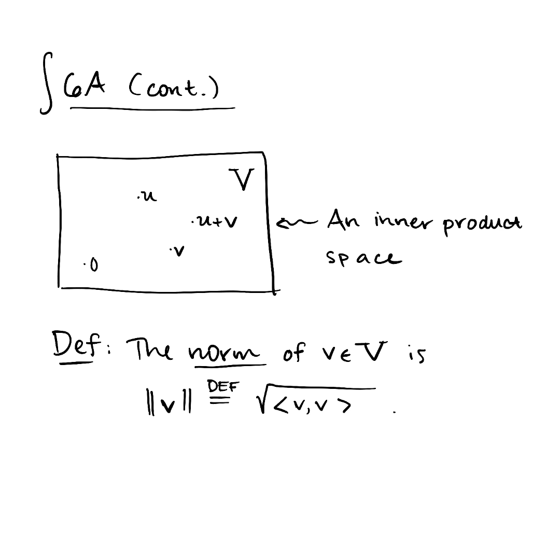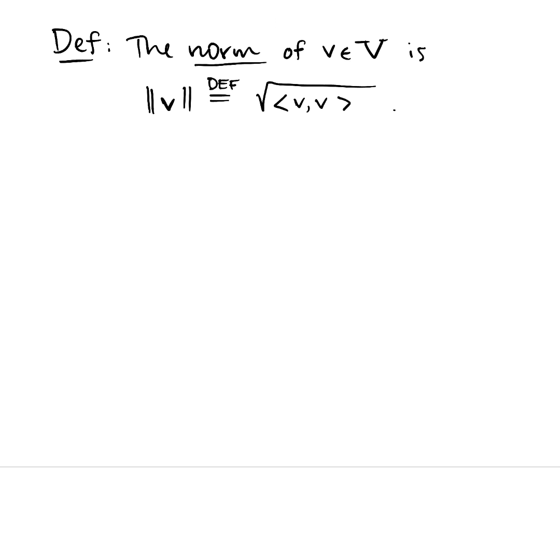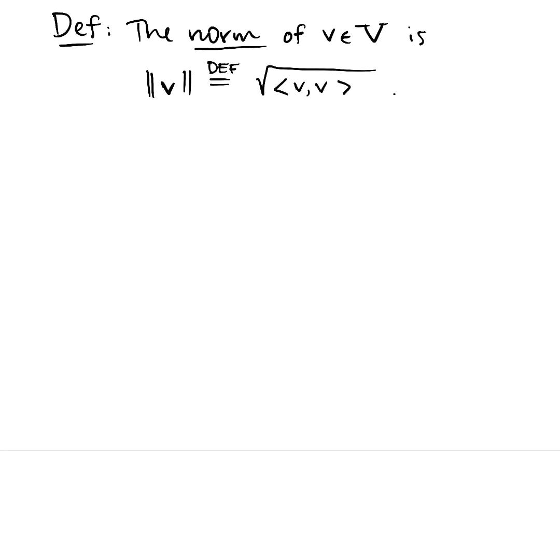And this is meant to mimic what's happening in R2. You remember back in R2, the magnitude of a vector is simply the dot product of that vector with itself, all square rooted. So it's still true here, only now we've lost all sense of these objects as being sort of actual arrows with actual lengths. And all we really have is this notion of norm given by our inner product. Now, a couple of things follow easily right off the bat.